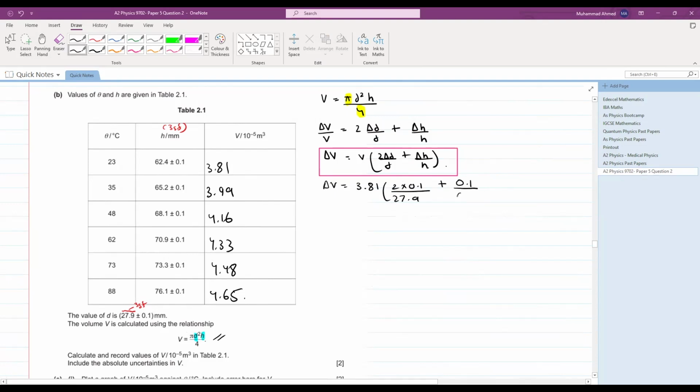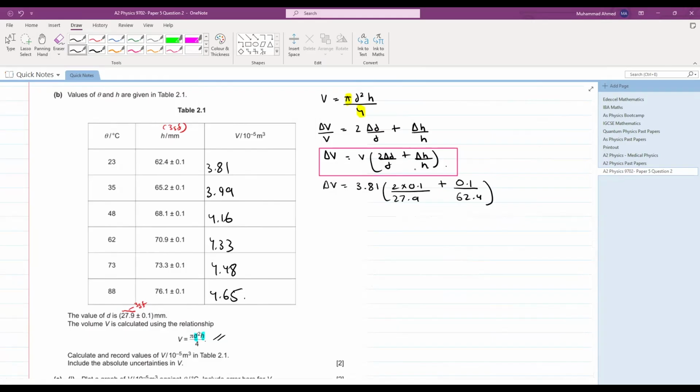Divided by 62.4. Let's calculate this answer. What I can do is 3.81 into create a fraction: 2 into 0.1 divided by 27.9. Perfect. Plus 0.1 divided by 62.4.